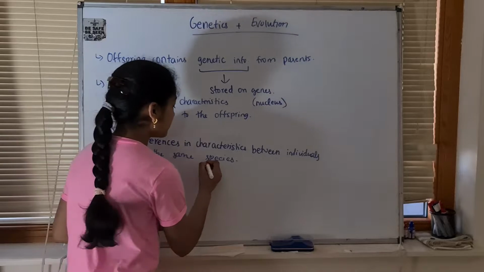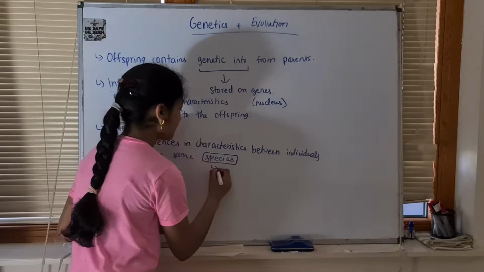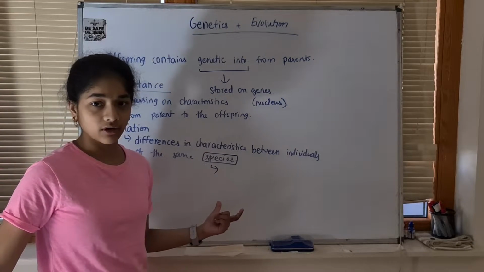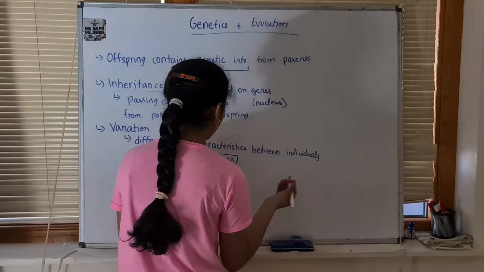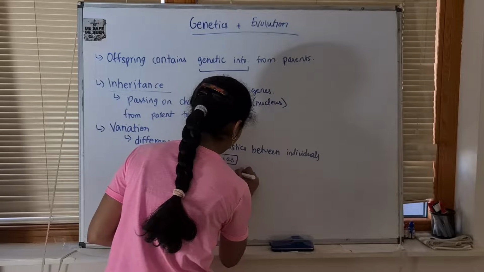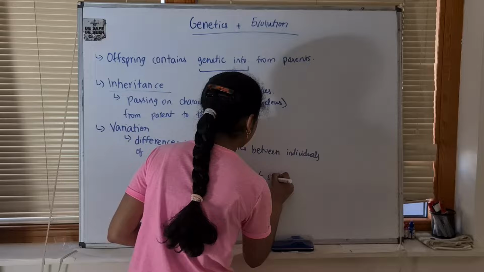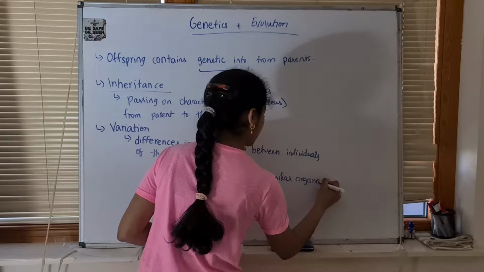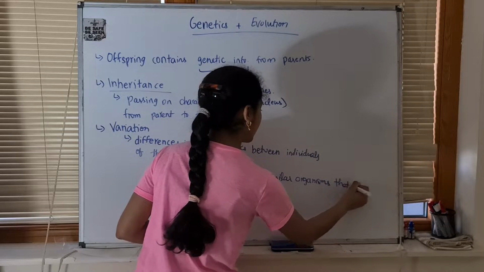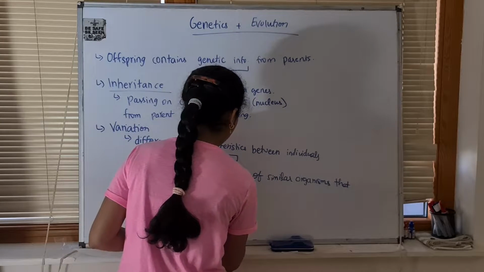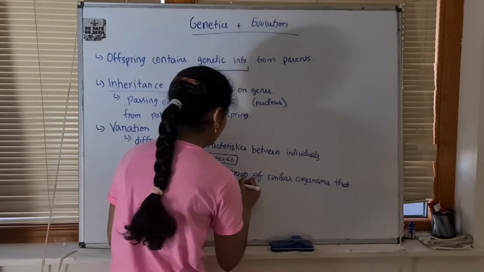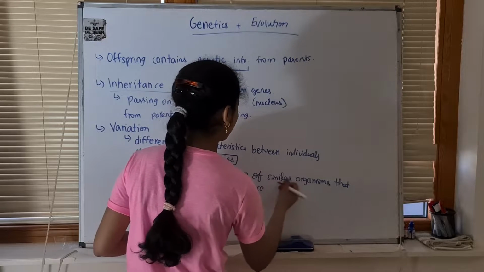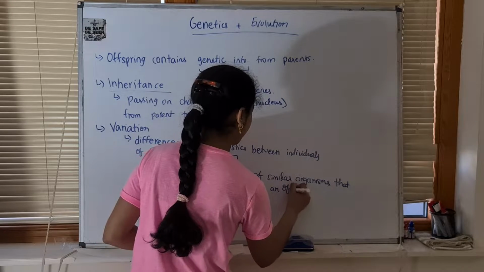So let's understand the meaning of species. Species means a group of mainly similar organisms that can breed with each other and produce an offspring.